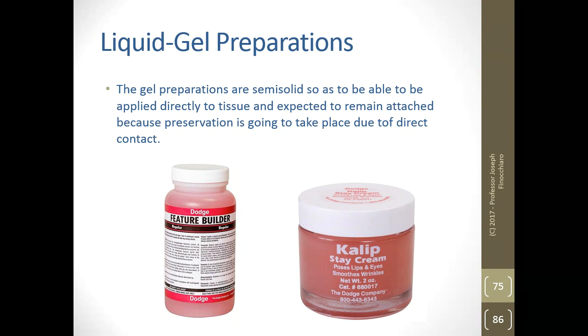Do not think for a second that if someone throws a picture of this up here and says, what category do these go into? And it's like, well, I don't remember. It's a wax. It says poses lips and eyes, smooths wrinkles. Chances are pretty good. It's not an arterial fluid. It's not a cavity fluid. Doesn't sound like something you'd put in your tank. One category left. It's an accessory.